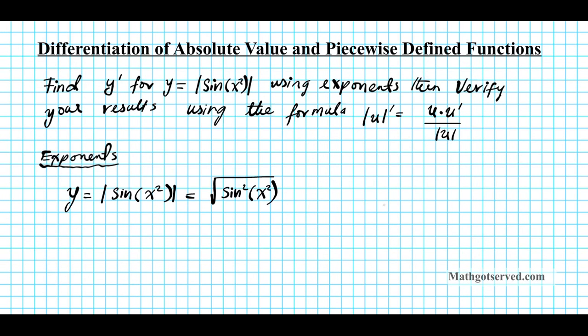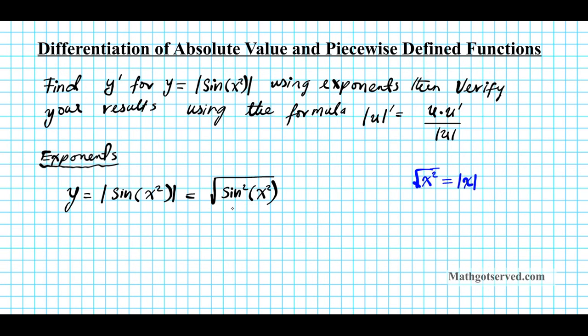You have to remember that if you take the square root of x squared, for instance, this is equal to the absolute value of x. So the square root of a square is another way of writing the absolute value of the radicand. Okay, so that's exactly what I did here. I took the square root of the square of this term inside the absolute value bars, and that's how I expressed it like this.